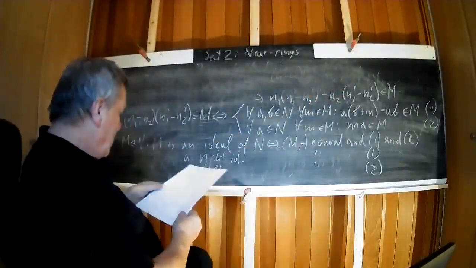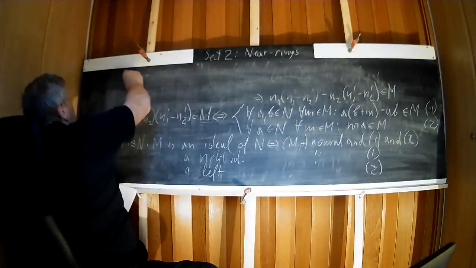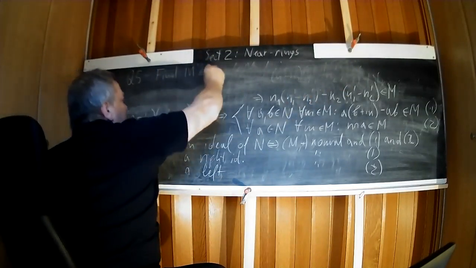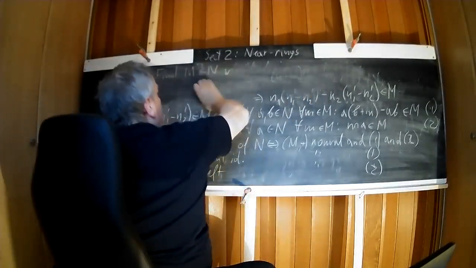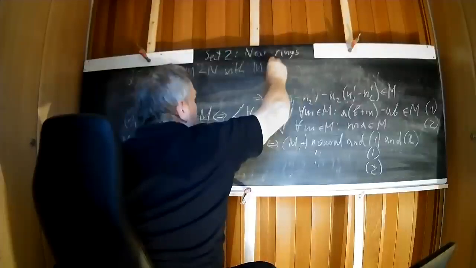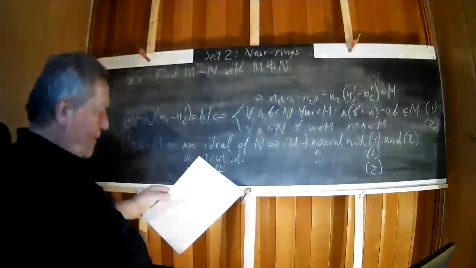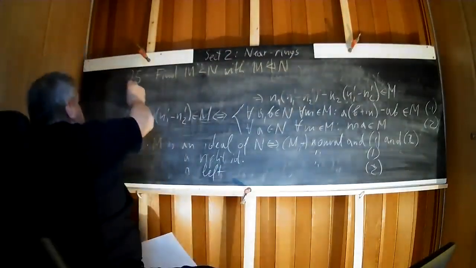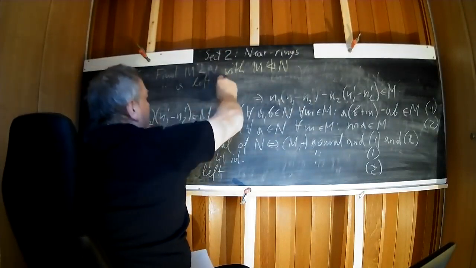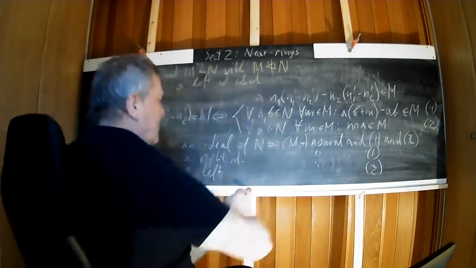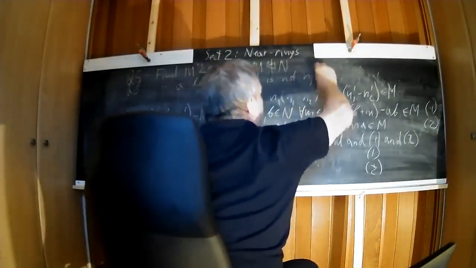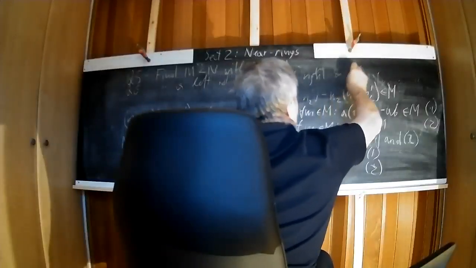Question 5: find a sub-near-ring M of N, a proper one, with the property that M is not an ideal of N. And question 6: find a left ideal which is not a right ideal, and conversely.